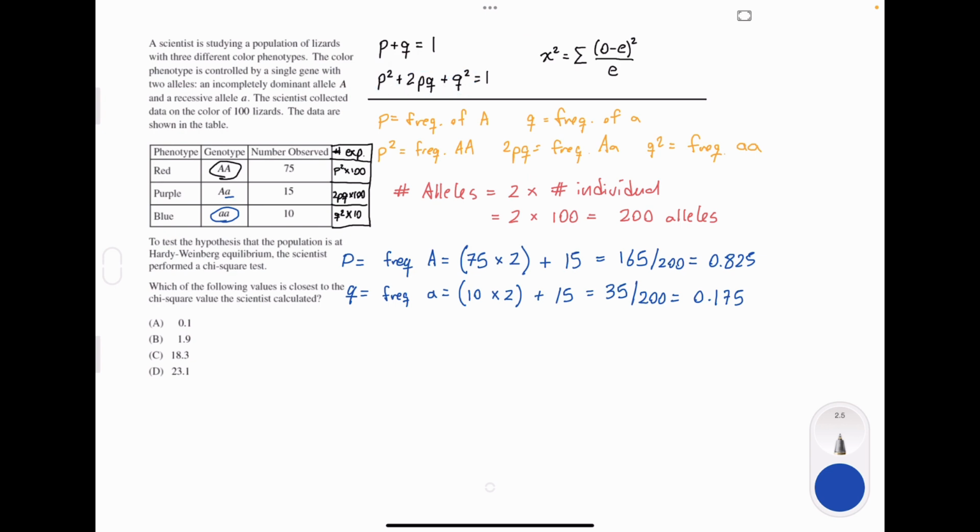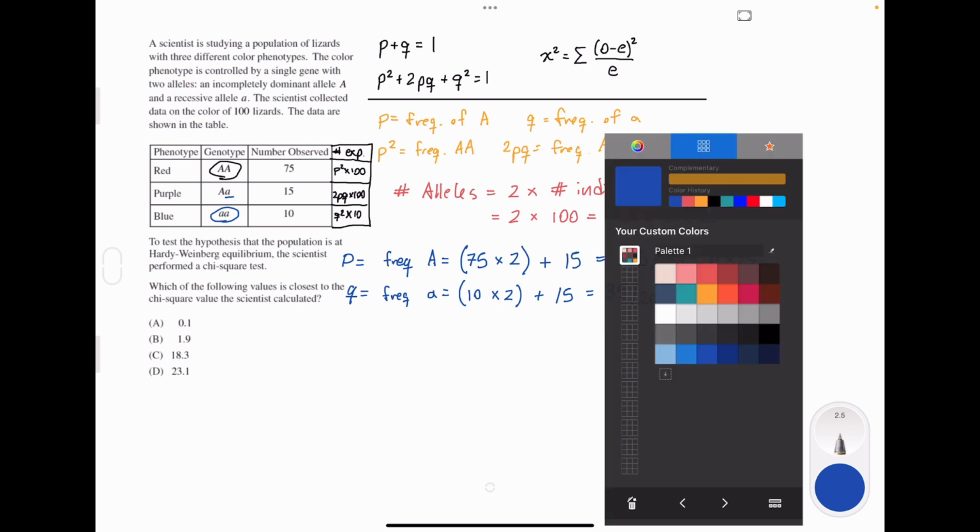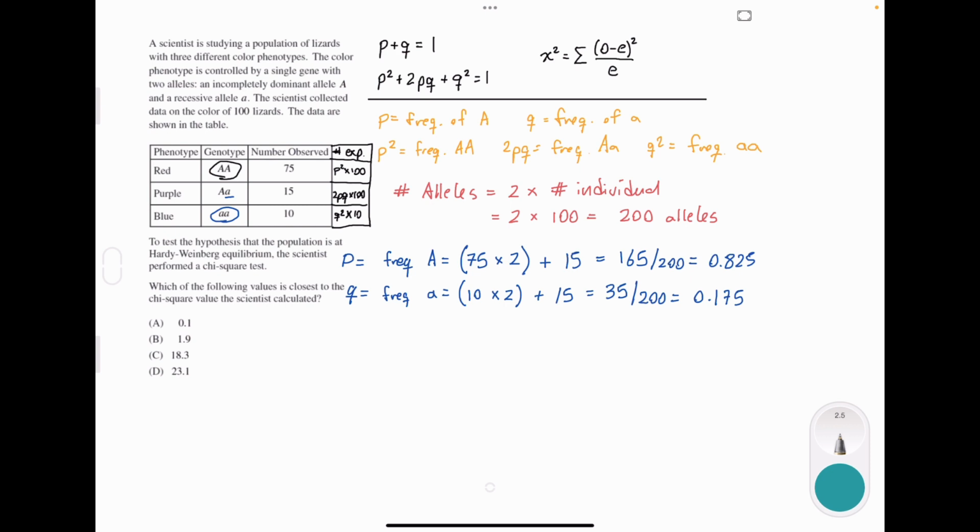So for our p squared value, down here, p squared is going to be equal to 0.825. We square that, which is equal to 0.68. Great.